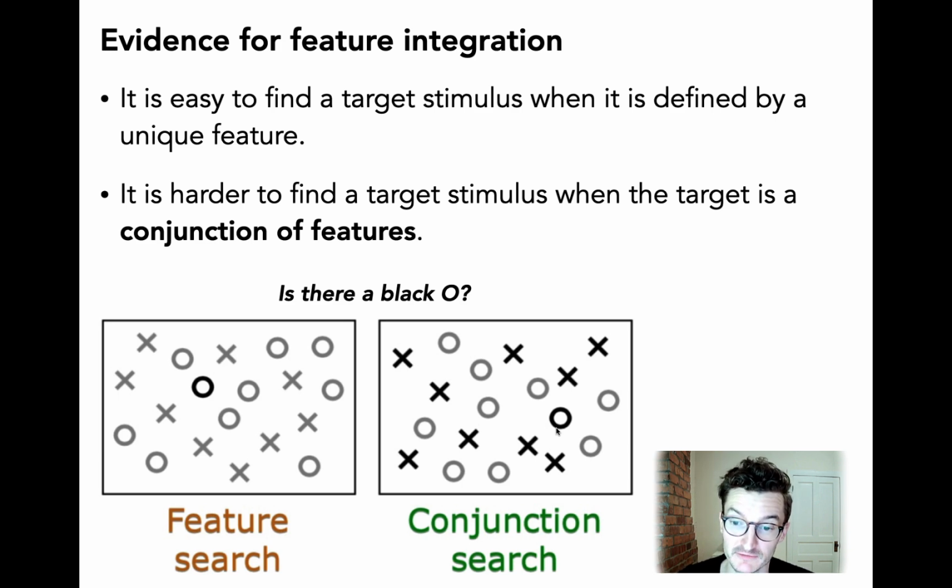It's a conjunction of a shape, a circle in this case, and a color, the color black. And so in this case, the search is a lot harder, and it actually takes you a bit more time to find the thing that you're looking for.